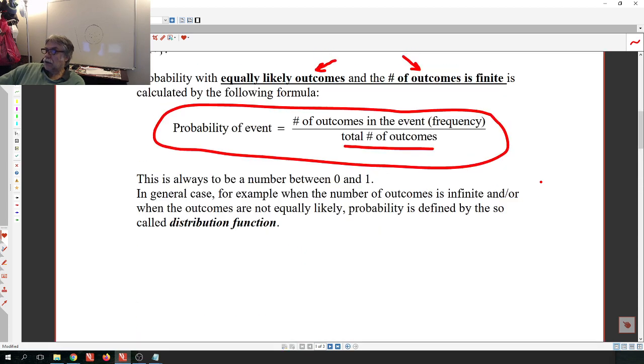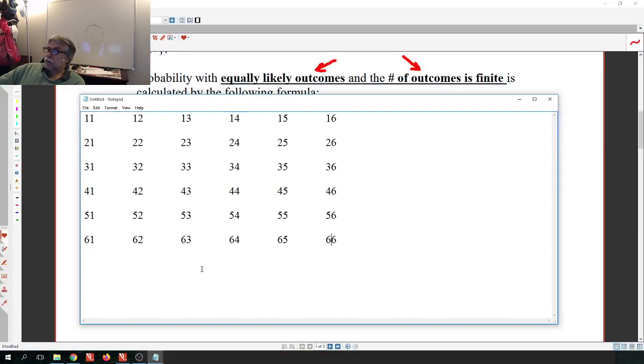So let's have one more example. I have here an example of a sample space made out of 36 things, and it's a sample space that is the coded outcomes of a roll of a pair of gambling dice. So you could have something like a 3-4, which would be white with the black dots or red with the black dots.